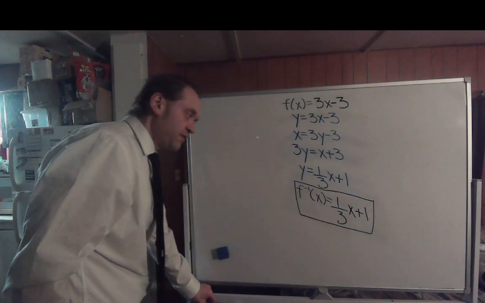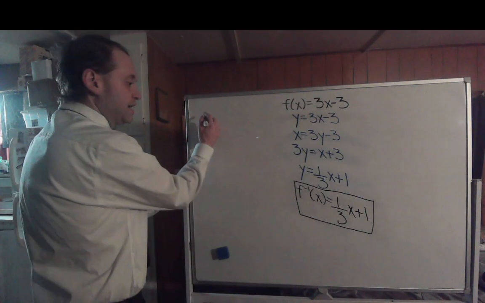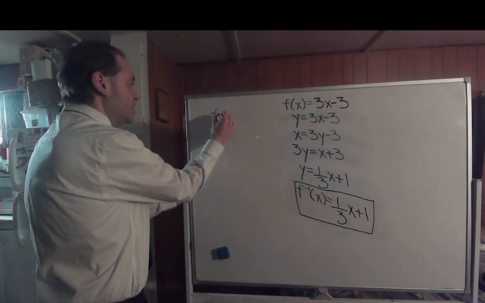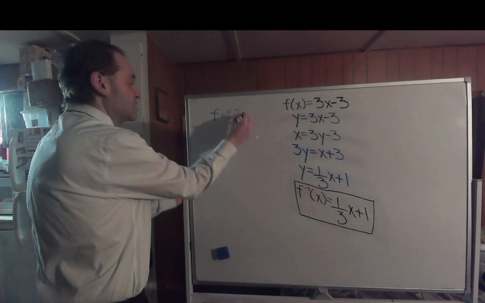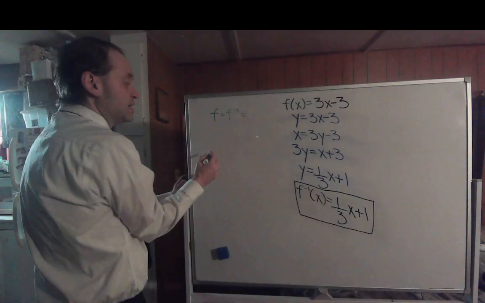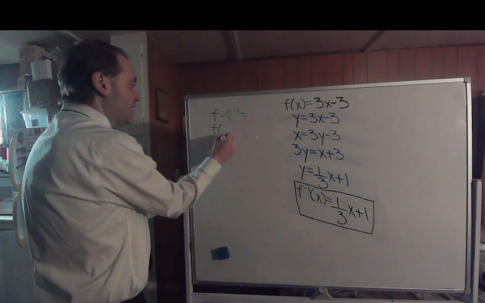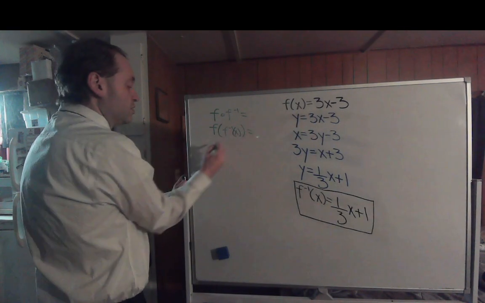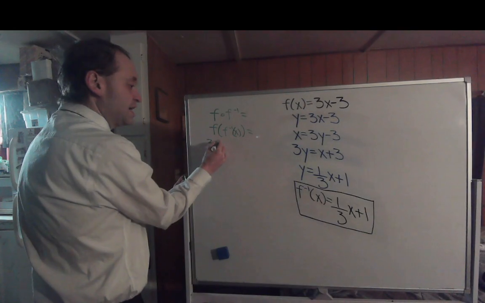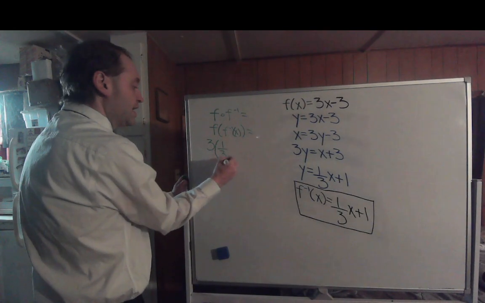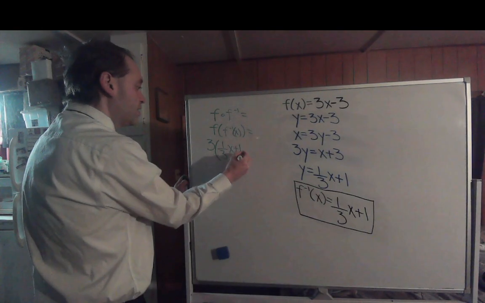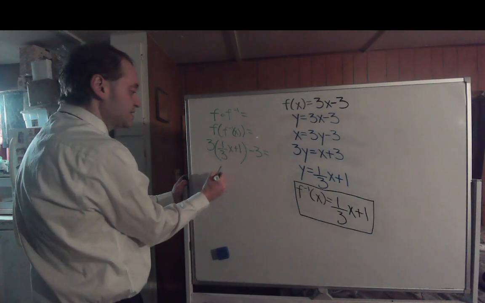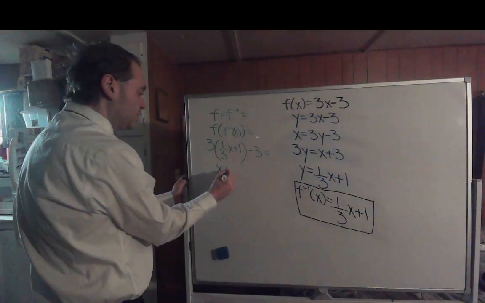Now let's just verify one of these ways. Let's take f composition of f inverse. See what we get. So that's going to be f of f inverse of x, which would give you 3 times that 1/3 x plus 1, that whole quantity, minus 3. 3 times 1/3 x is x, plus 3 times 1, that's plus 3.